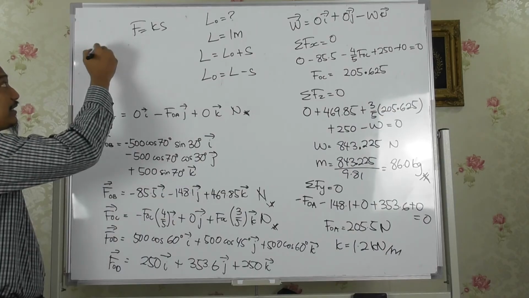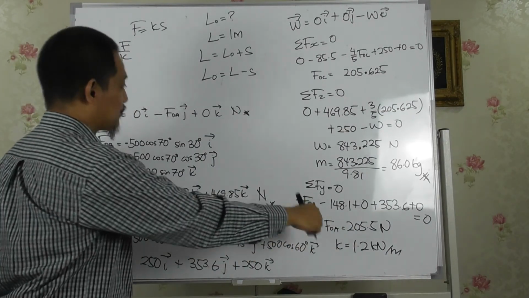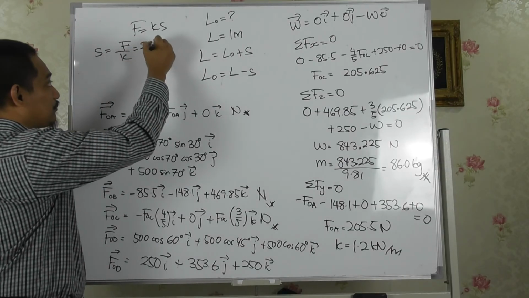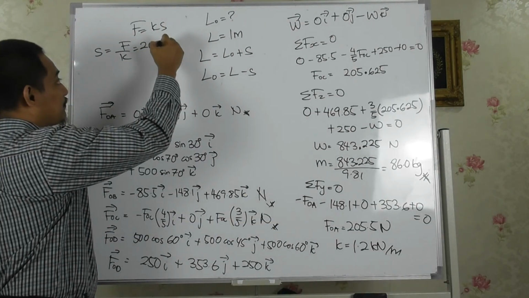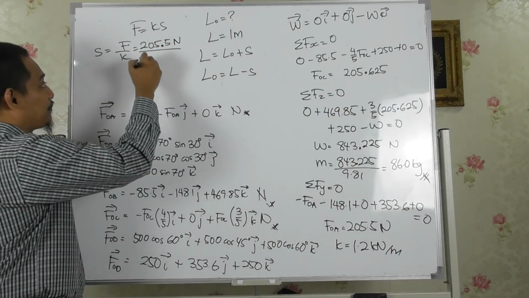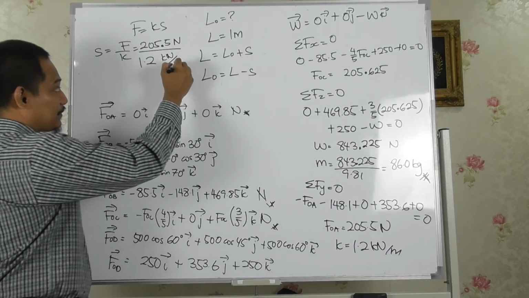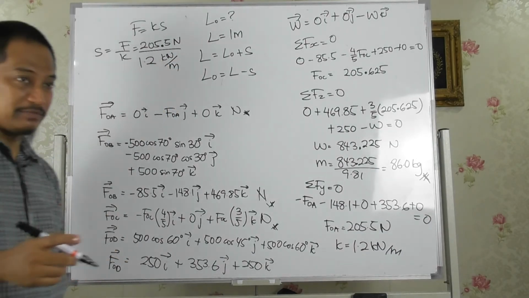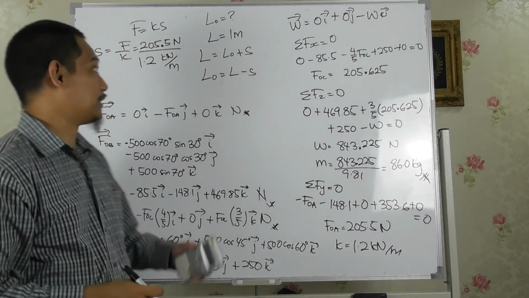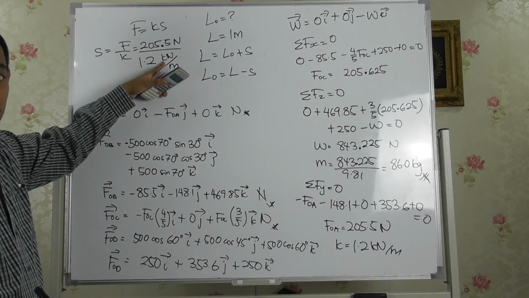So from here S equal to F over K. F OA is 205.5 Newton. K is 1.2 kilonewton per meter. Okay, so this is where it is beneficial if you actually write the unit, so then you realize that you cannot straight away divide because this is kilo, right?